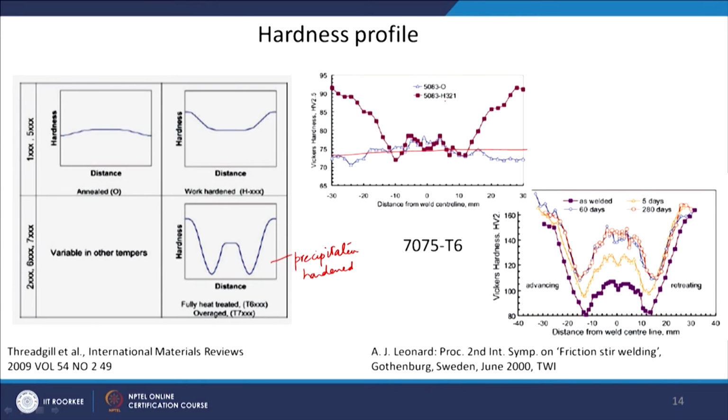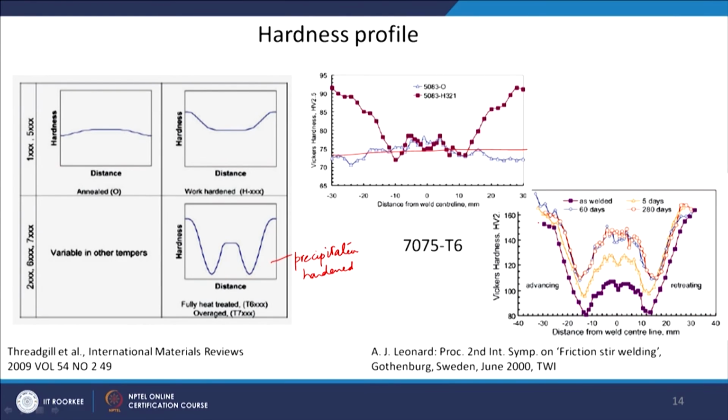For a work hardened material 5083, which is cold worked before doing processing, the first one was only the annealed one. So, if you have done some work hardening, in that you can see a large reduction in the hardness because of the removal of dislocations through recovery and recrystallization processes. Okay. This is 7075, a very hard, very high strength aluminum alloy containing magnesium and zinc, 7000 series alloys.